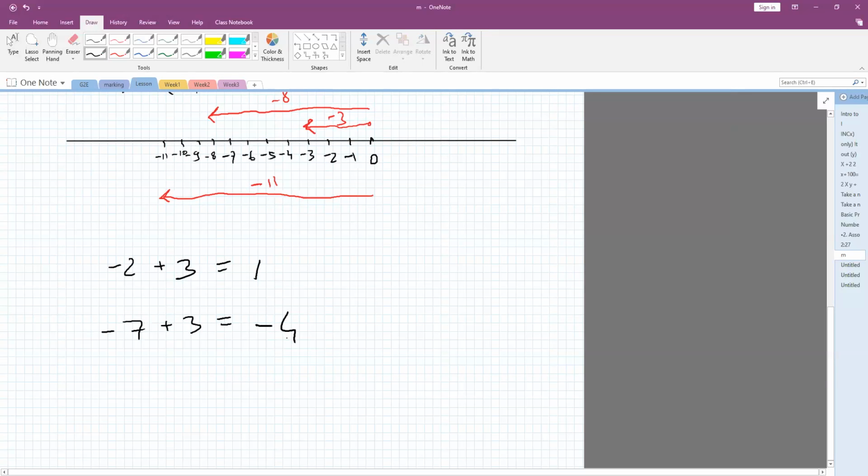Now, what about -15 plus 8? -7. So, you see, this is actually not difficult as you thought before, because once you find out the rule, if it's minus, you add. If it's plus, you minus. Okay, very good. Let me give you one more.